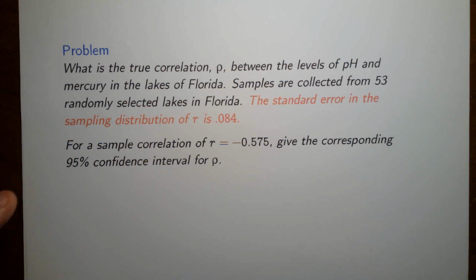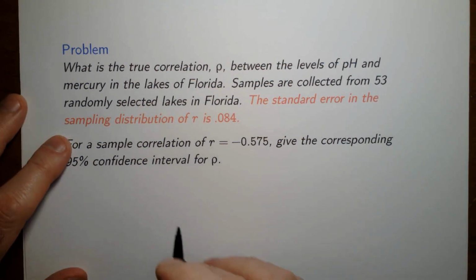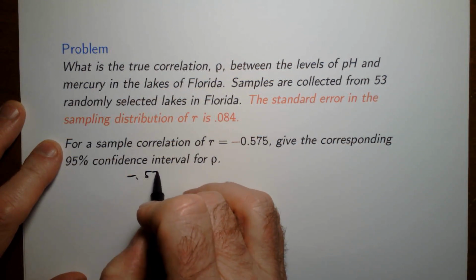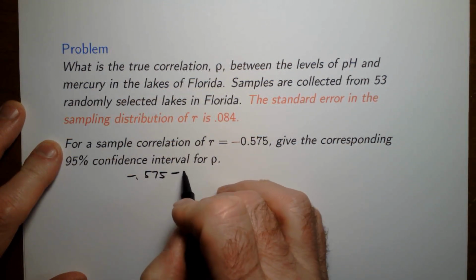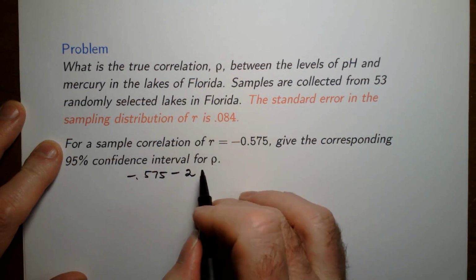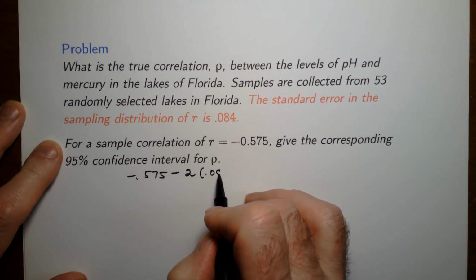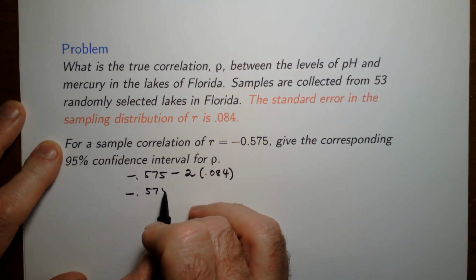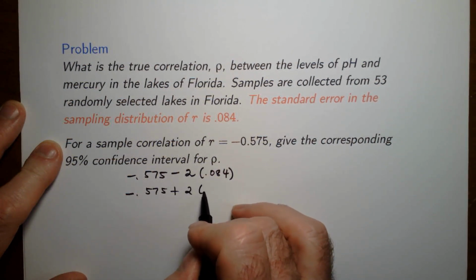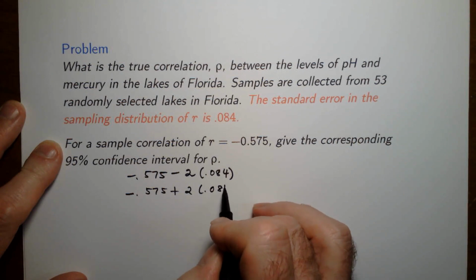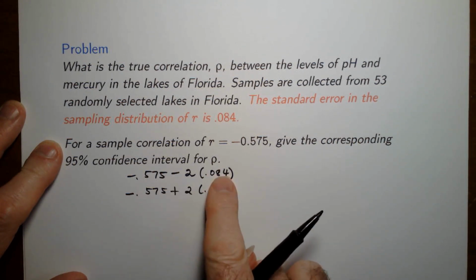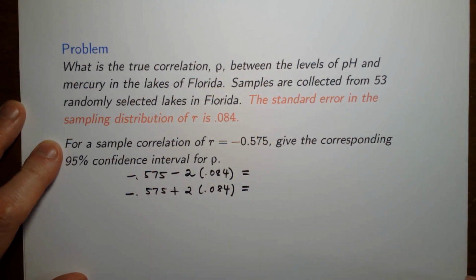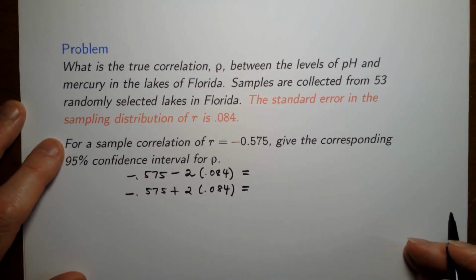So the two endpoints for our confidence interval are going to be obtained by taking the negative 0.575 and subtracting 2 times the standard error, and negative 0.575 plus 2 times the standard error. Remember, 2 times the standard error is just the margin of error.